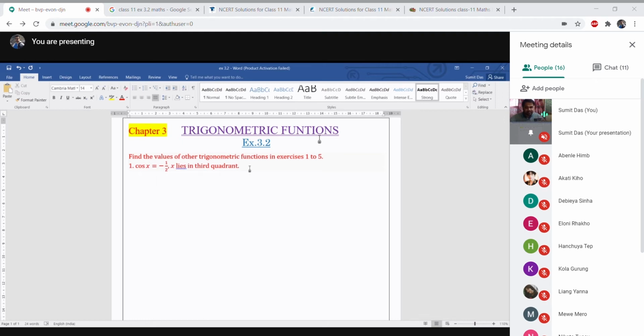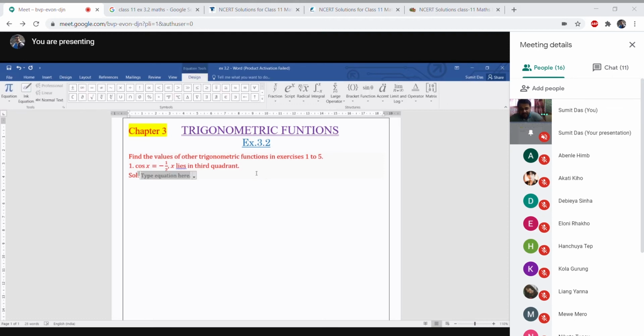In questions 1 to 5, we have to find the other 5 trigonometric functions. Other 5 means we have to find sine x, cosec x, sec x. Understood? So this is what we have to find.